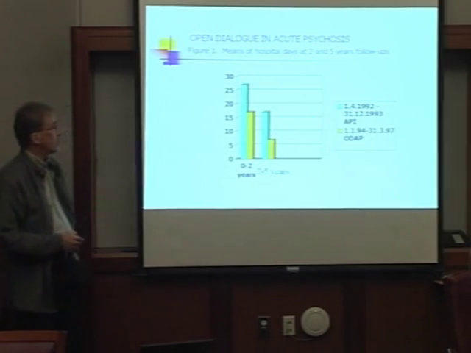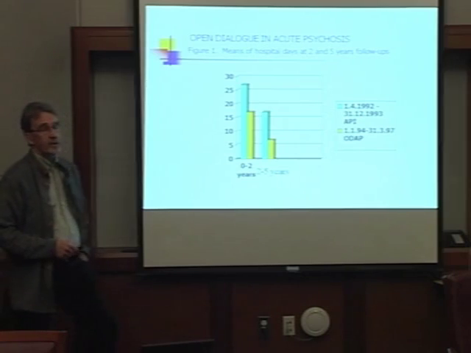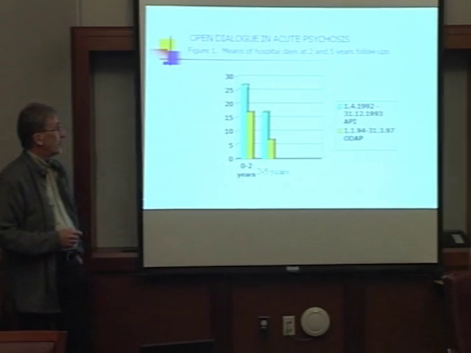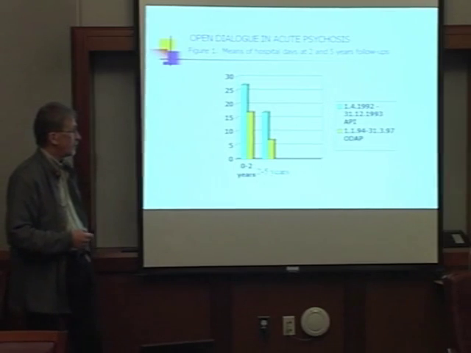Comparing these two inclusion periods, 92 to 93 and 94 to 97, both in the first 2 years and the years afterwards, you can see a significant difference in the number of hospitalizations. In the first 2 years, those who came into treatment in the first phase had a lot more hospitalization days compared to those who came later on.